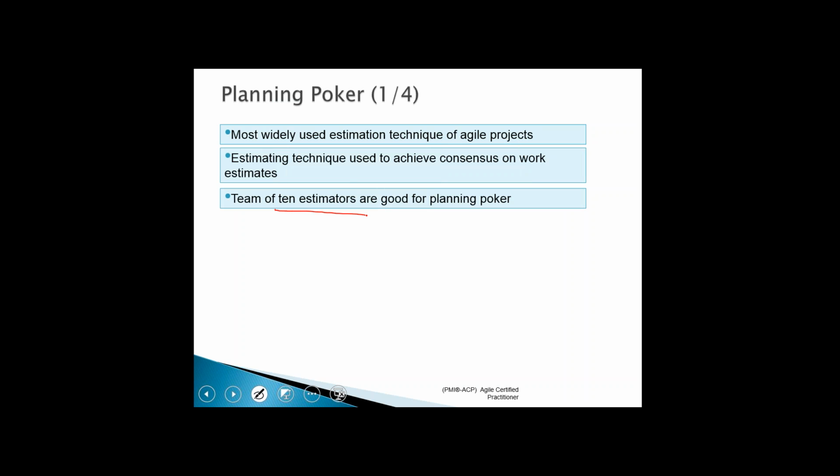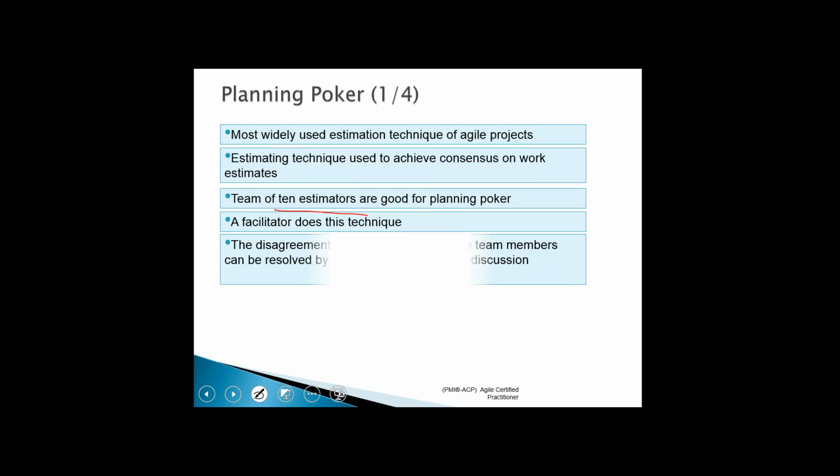If you have a team of 10 estimators or less, planning poker is going to do wonders there. A facilitator does this technique. There would be a facilitator, and the disagreements in estimations among the team members can be resolved by reaching consensus with examples.